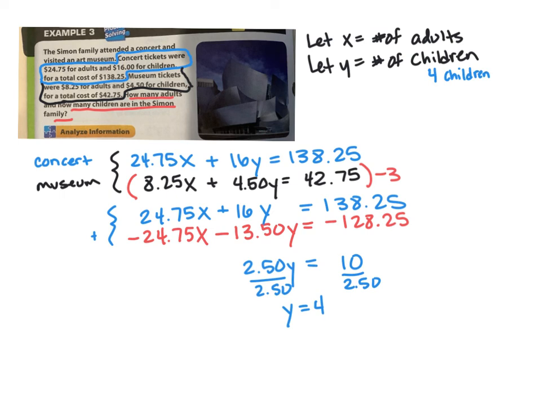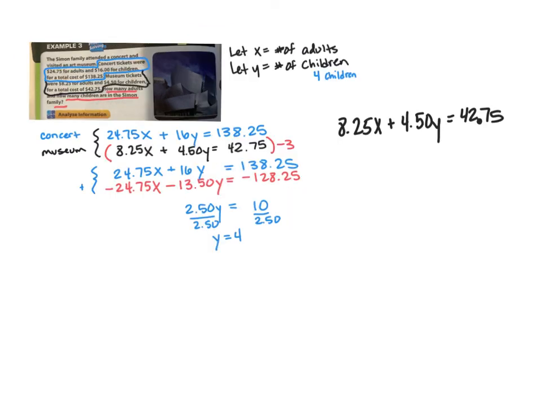Now that I know there are 4 children in the group, I can use that information in either equation to help me solve for how many adults there are. I think I'm going to go ahead and use this one. It has smaller numbers to deal with, so I'm going to use this original equation before I went and manipulated it. Okay, so I've rewritten this one here, and now I'm going to plug in the 4 instead of the y here, and then I will calculate.